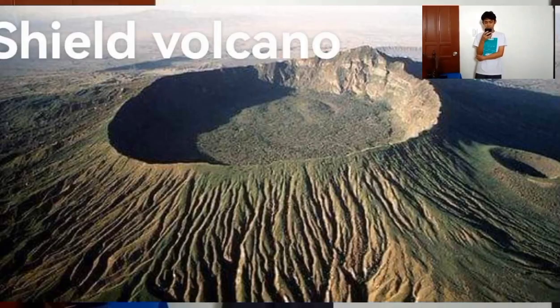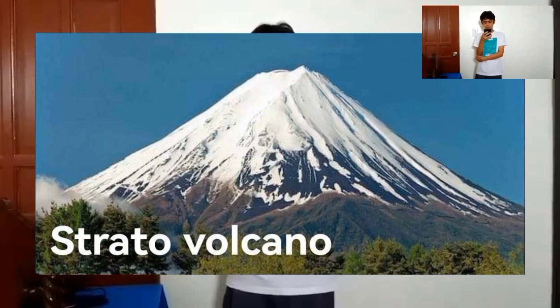Types of volcanoes. There are three main types of volcanoes. 1. Shield volcanoes. These volcanoes are wide and have gentle slopes. They are formed by lava flows that spread out over a large area. 2. Stratovolcanoes.